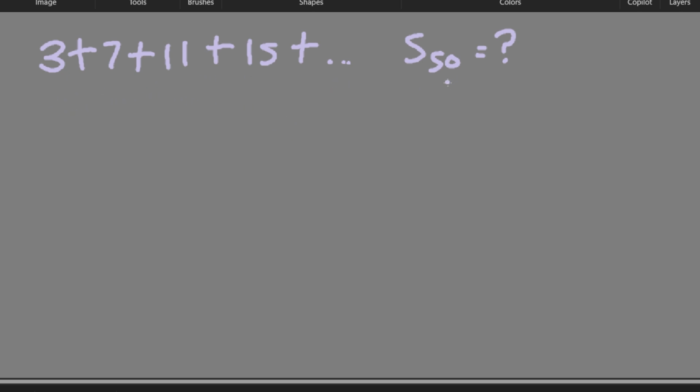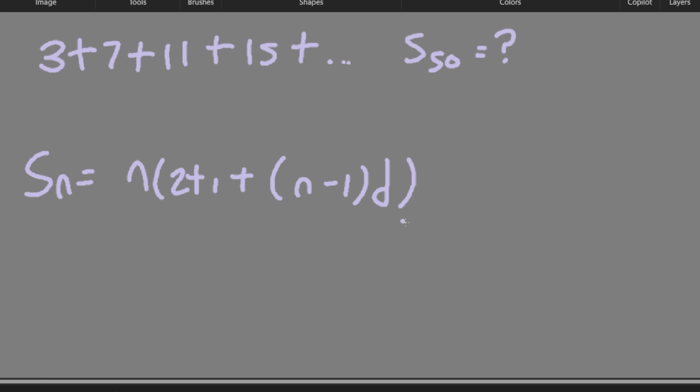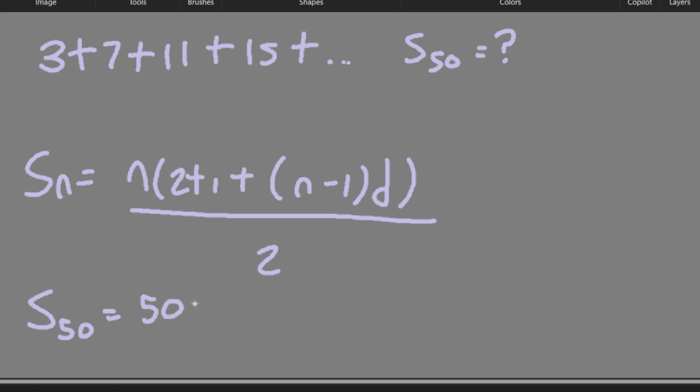What is the sum of the first 50 terms? Let's do our first formula. Sn equals n(2T1 + (n - 1) × common difference) over 2. So n here will be 50, because it tells us the value of n. 2T1, so we know that's 3, plus 50 minus 1, which is 49.